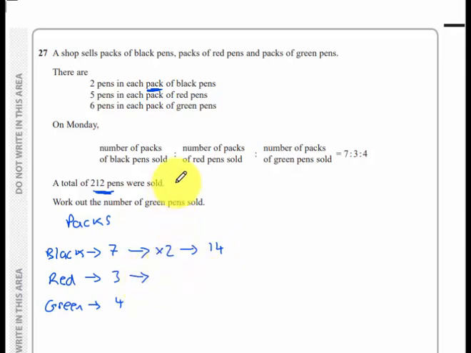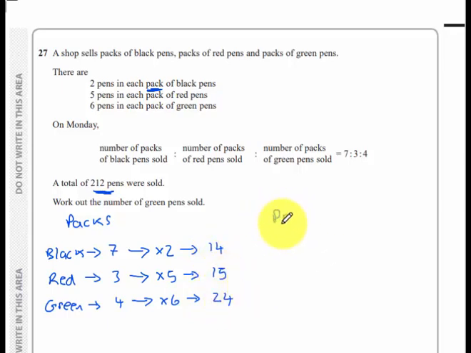If there were 3 packs of red sold and there were 5 pens in each pack, 3 times 5 is 15. And for green, they had 4 packs sold in the ratio. Inside each green pack are 6 pens. So I've now got the ratio 14:15:24.